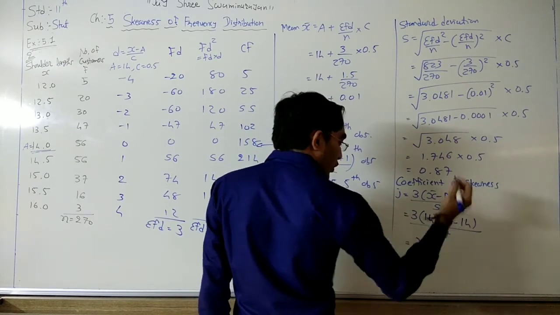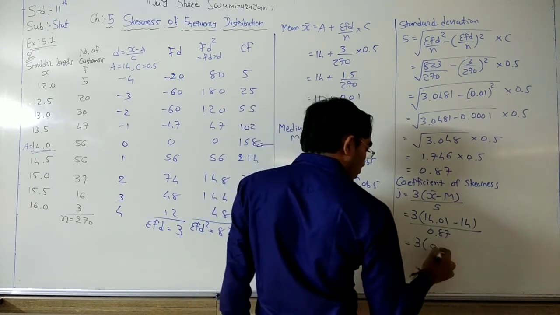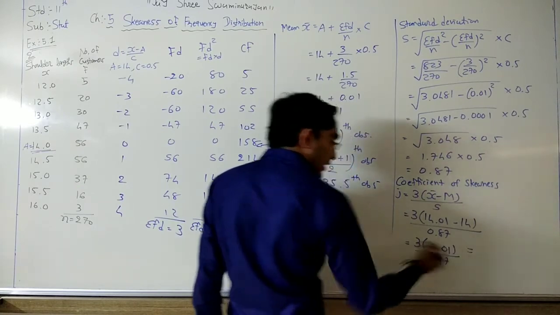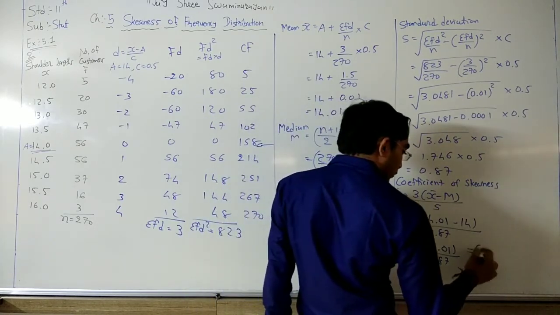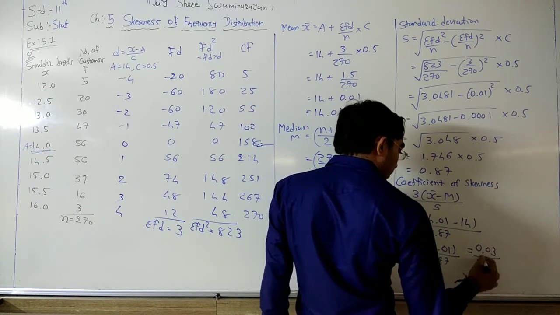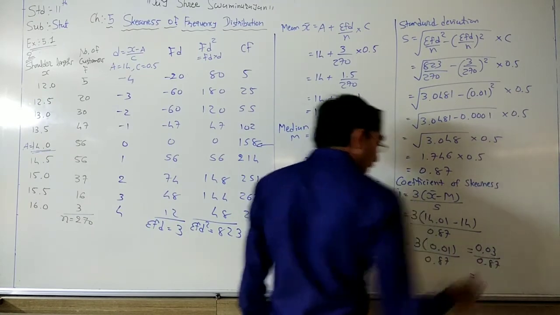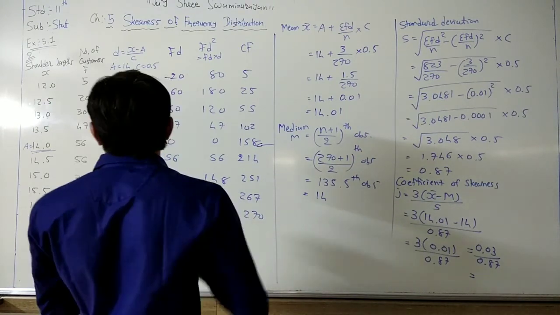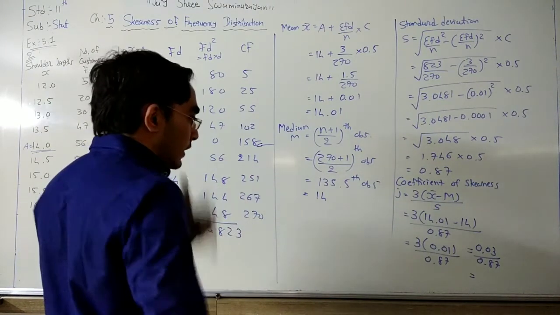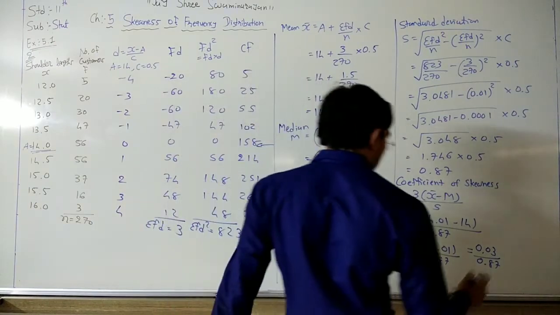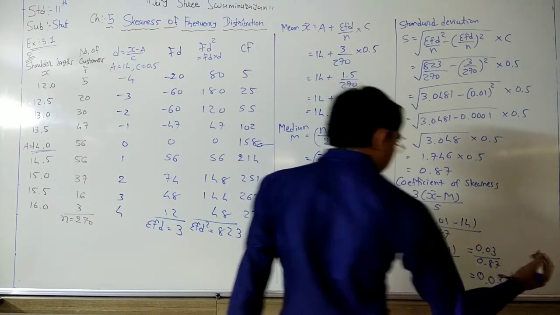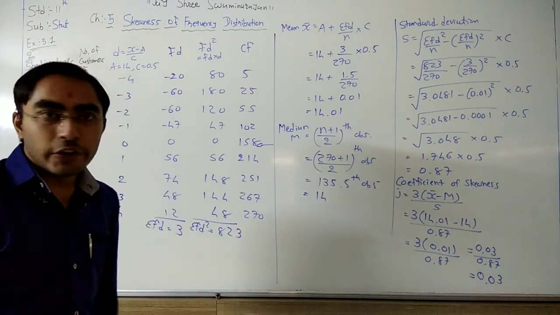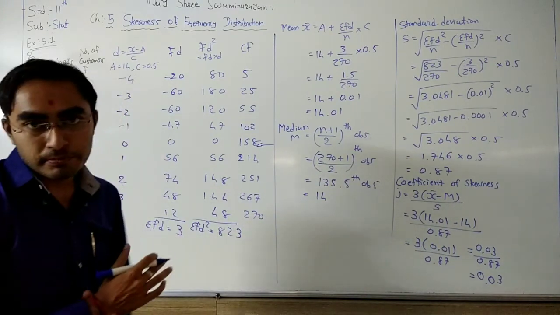Now 14.01 minus 14 is 0.01, and 3 multiply 0.01 is 0.03, divided by 0.87. Finally find out the division: 0.03 divided by 0.87 is 0.03. So the coefficient of skewness is 0.03.